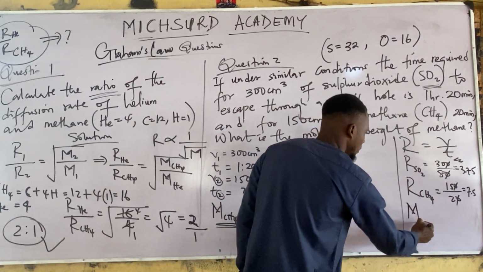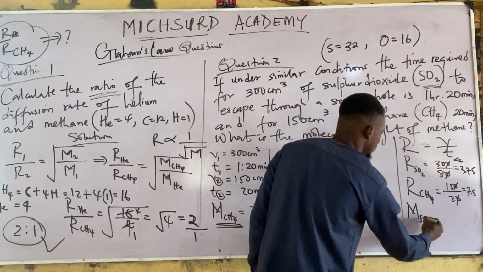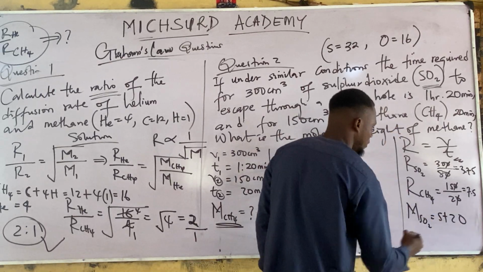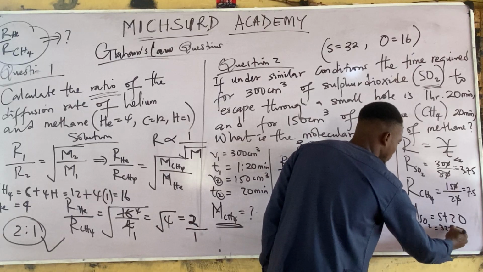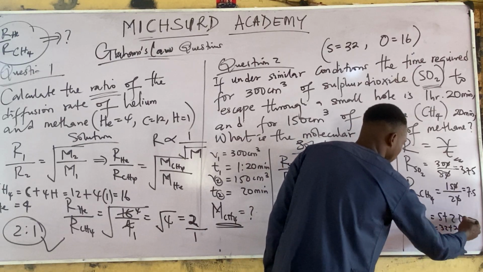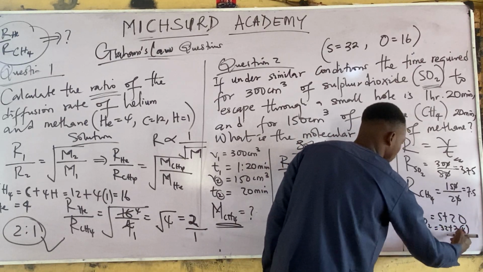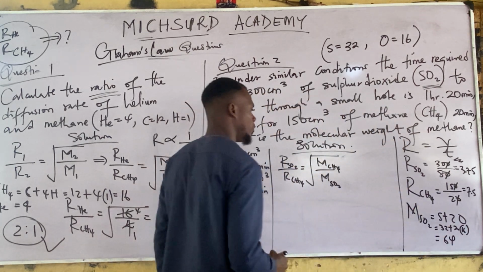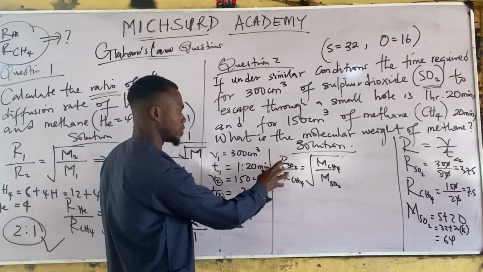Now that we have the rates of diffusion, we can look at the molecular mass of SO2. We have it as S plus 2 of oxygen. So this will give us 32 plus 2 times 16, and when you multiply this, it gives us 64 grams per mole. So now we go to substitute.